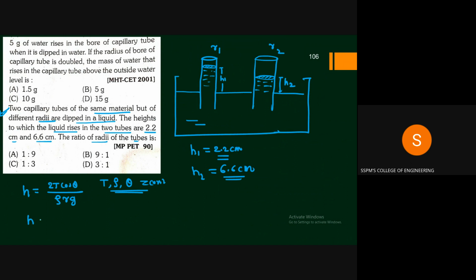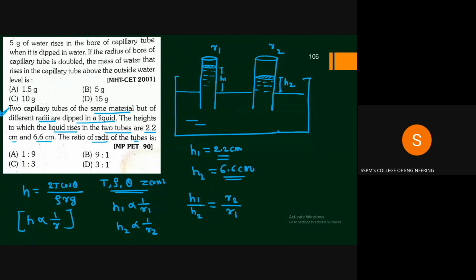Therefore h is inversely proportional to the radius. So we can write h1 is proportional to 1 upon r1, h2 is proportional to 1 upon r2, and if you take the ratio h1 upon h2, this will be 1 upon r1 upon 1 upon r2, so that will be r2 upon r1.